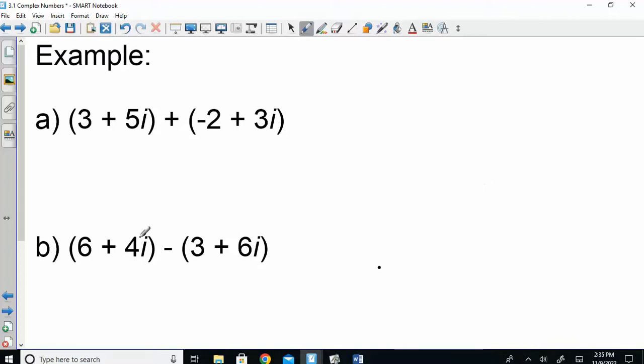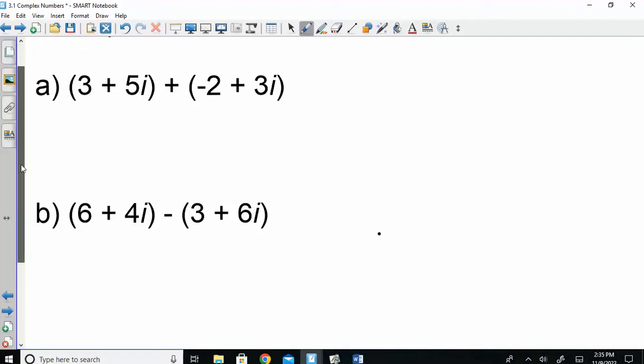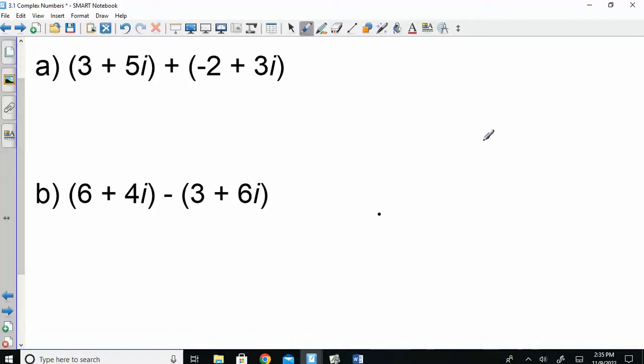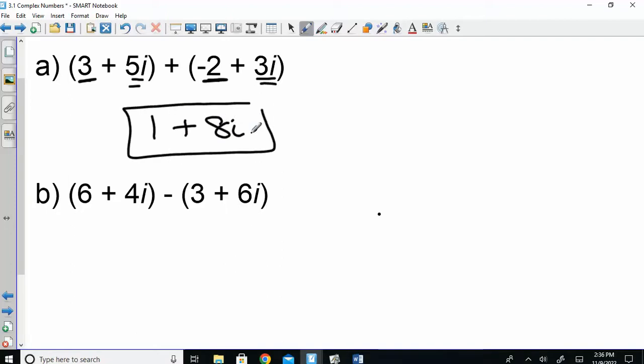I do expect answers to be written in a plus bi form. So 3 plus negative 2 is 1. Positive 5i plus 3i is 8i.